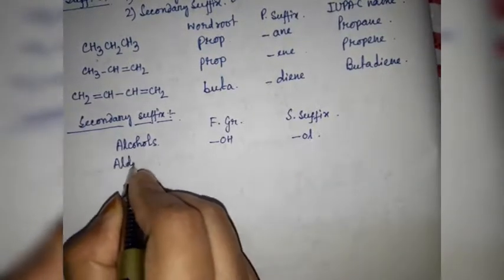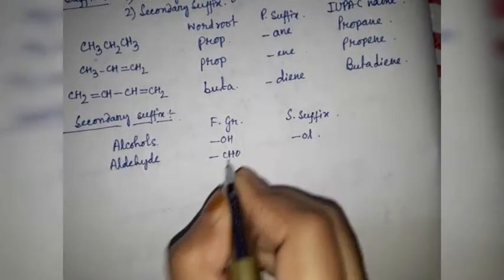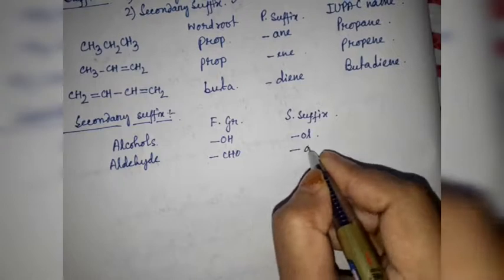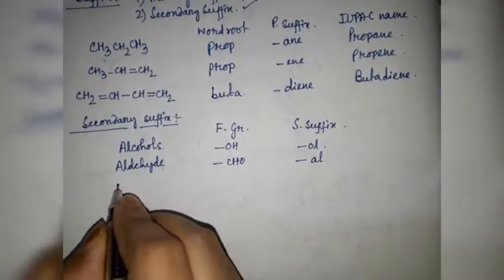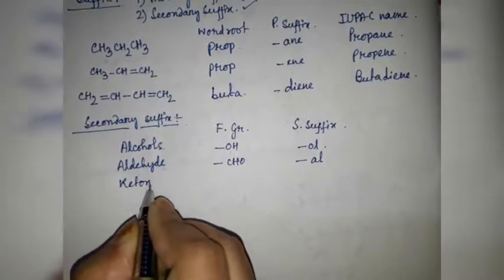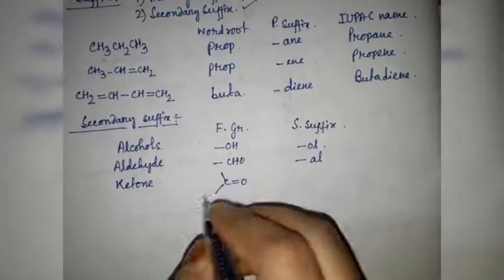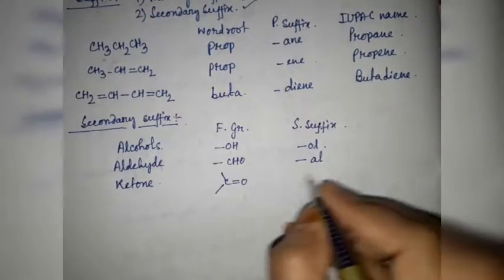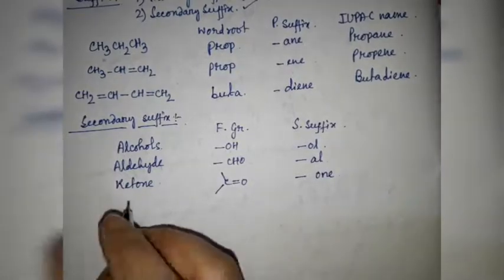If this is aldehyde, the functional group is CHO and the secondary suffix is al. And if it is ketone, the functional group will be like this, C double bond O, and the secondary suffix is one.